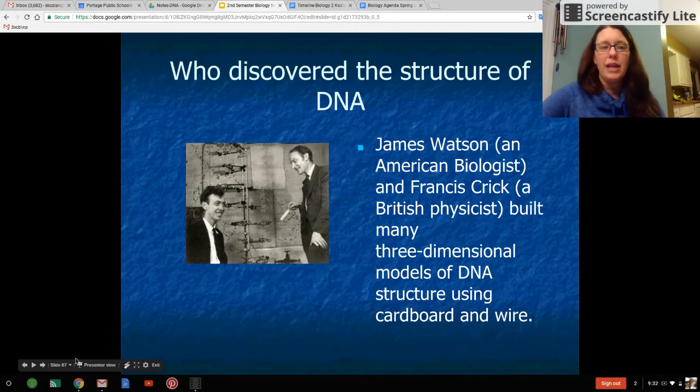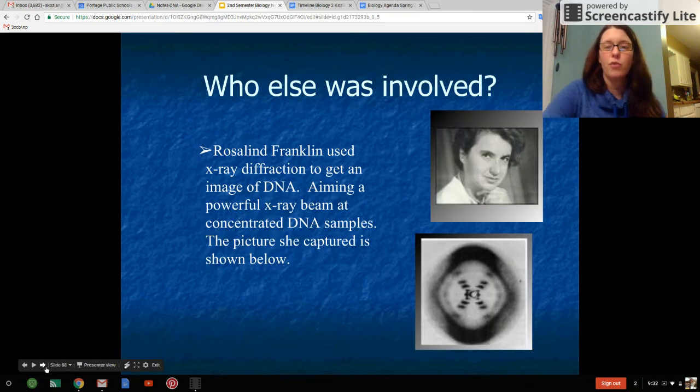So in comes Rosalind Franklin. Hopefully you have already gone through the photo finish article and marked the text. Rosalind Franklin was another scientist working in the same lab as Watson and Crick, not necessarily working with them. She took what we would call the first picture of DNA.